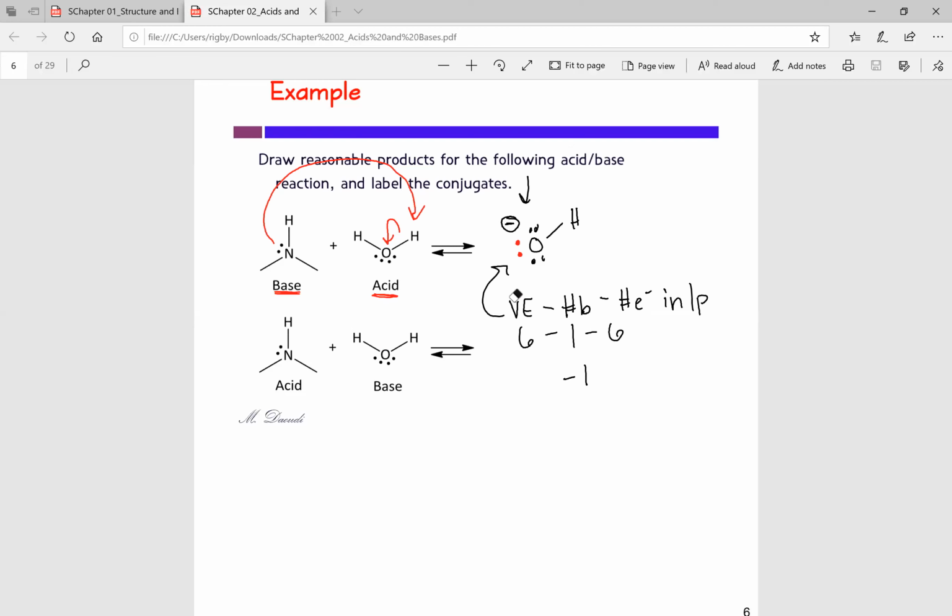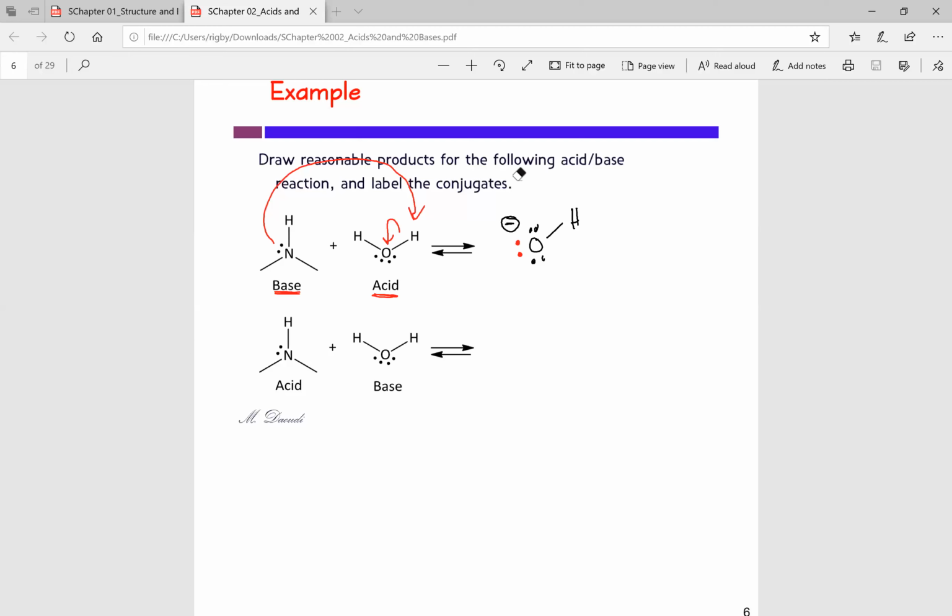So generally when the acid loses a proton, it's going to become more negative. If we started out with something positively charged, it's going to become neutrally charged. If we start out with something that's neutrally charged, we're going to end up with something that's negatively charged. If we start with something that has a charge of -1, it's going to acquire a charge of -2 after it acts as an acid, okay?